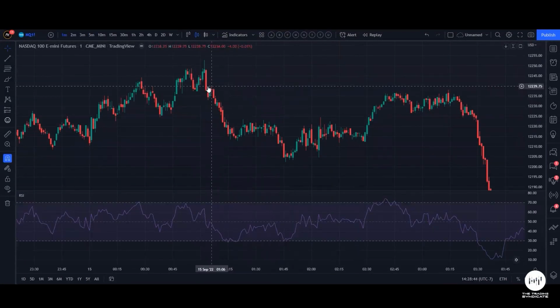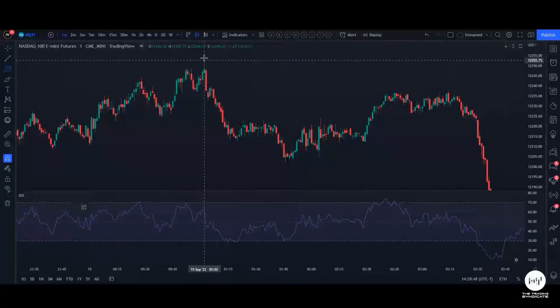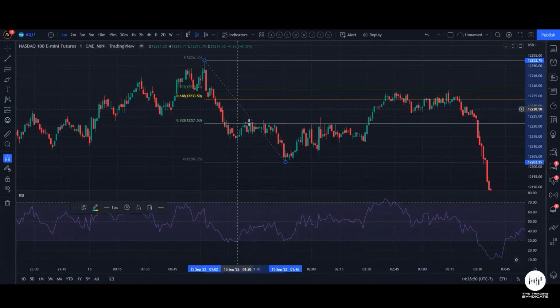Now, looking at this setup right here, you'll see that we can go from relative high to relative low, tracking this retracement. And notice we do get those overbought conditions right here, followed by a bit of bearish divergence. And when you get that bearish divergence, that of course is going to tell you that there's very likely to be a reversal.